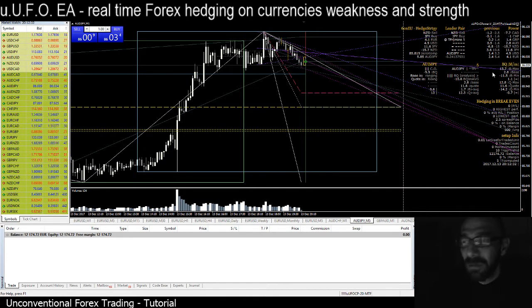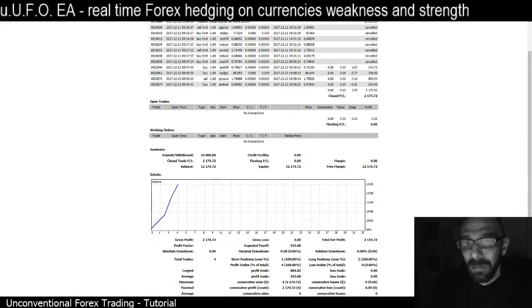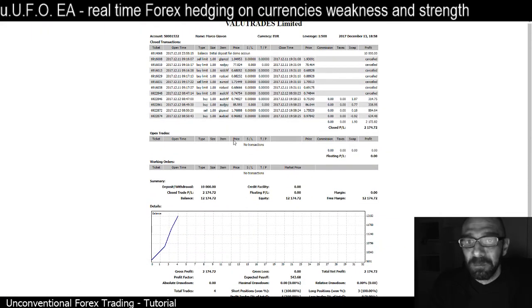In fact, as you saw in my balance and report, I was so eager to also trade New Zealand dollar that even if the move was done, I decided to put some pending orders, hoping in a very fast retracement and then proceeding in that direction.